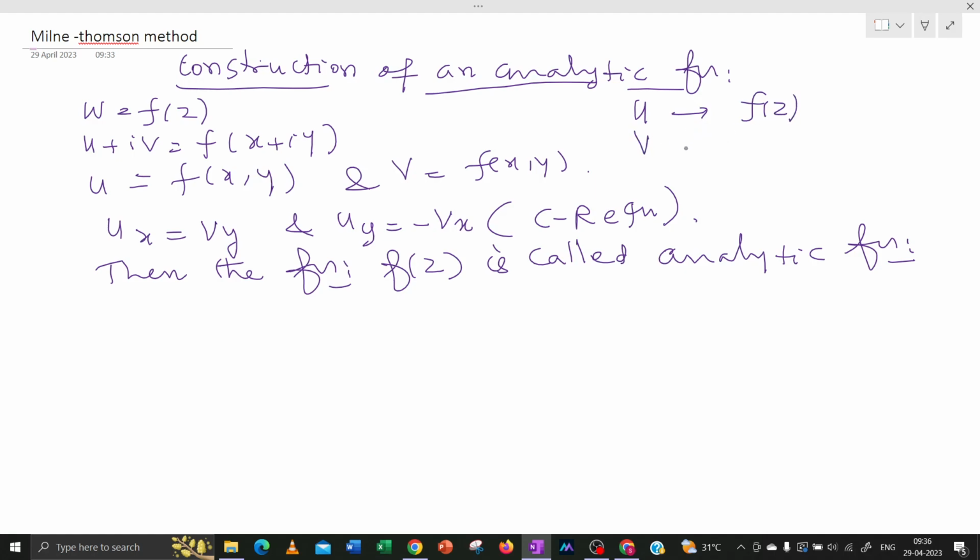In case only v is given, how to find f of z. Even if you are given u, how to find that f of z? From f of z, how can you find v, the harmonic conjugate v? In case v is given, how to find f of z? From that f of z, how can you find the harmonic conjugate u? So this concept we will discuss in this class.